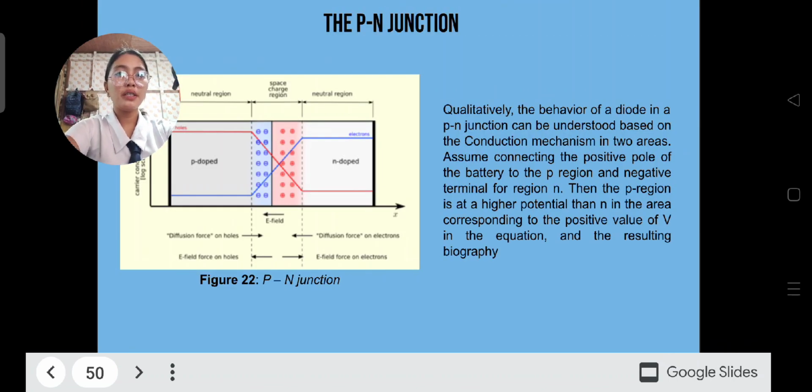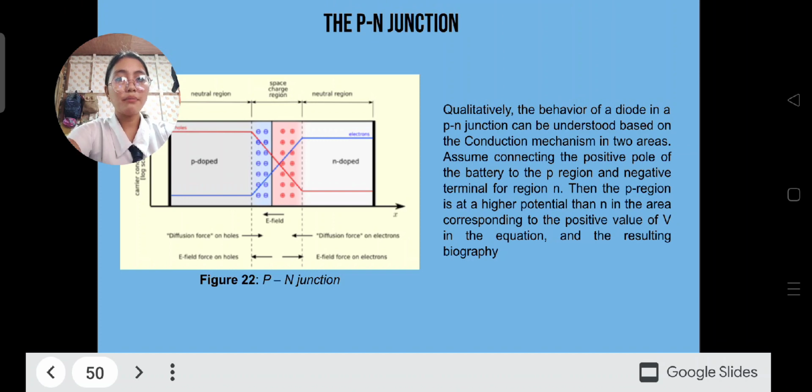Qualitatively, the behavior of a diode in a PN junction can be understood based on the conduction mechanism in two areas. Assume connecting the positive pole of a battery to the P region and the negative terminal to region N. Then the P region is at higher potential than N, corresponding to the positive value of V in the equation.